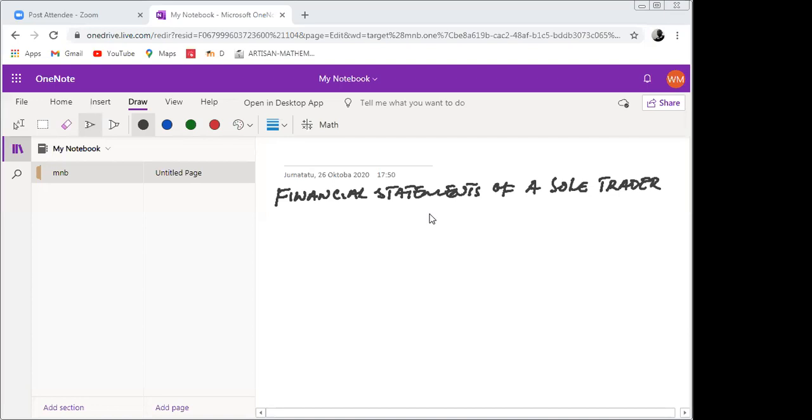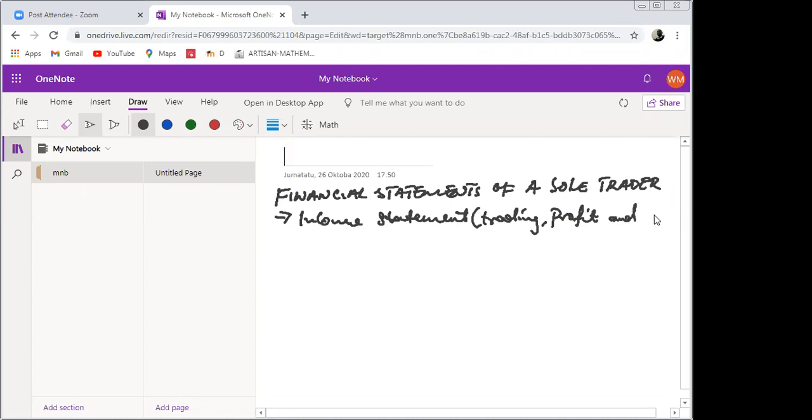So in the financial statements of a sole trader, we are going to focus on two statements. That is the income statement, which previously used to be known as the trading profit and loss account.